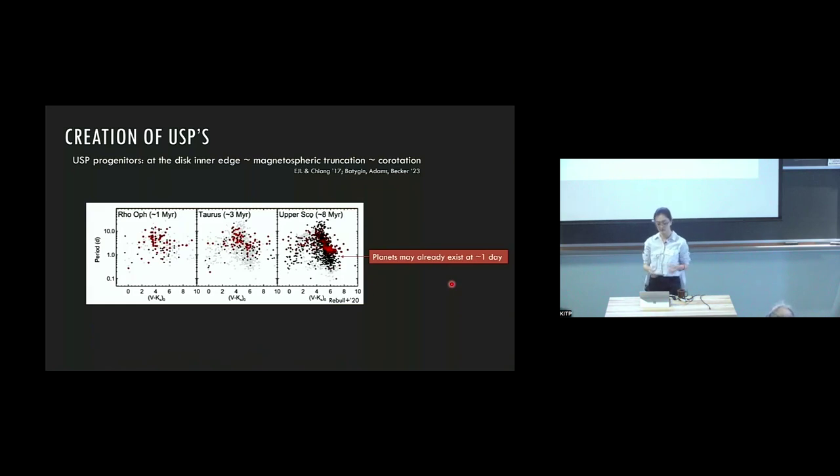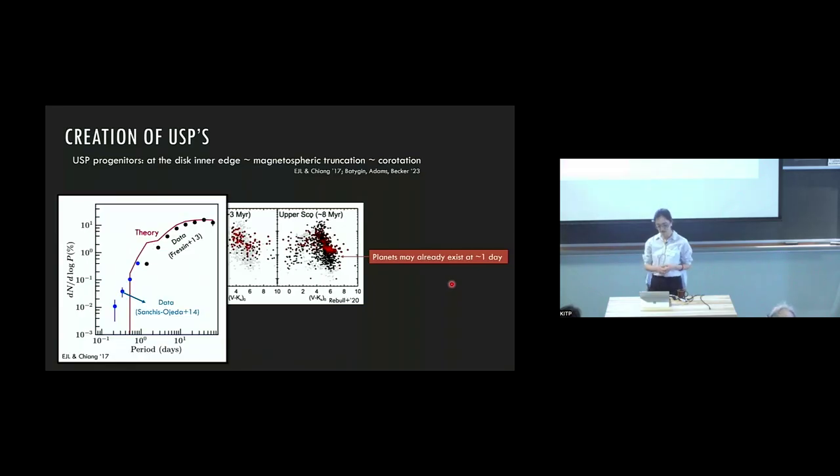Back in 2017, we did a very simple calculation where we distributed the planets according to their orbital dynamical stability, and distributed them all the way down to the inner edge of the gas disk, drawing from the measured spin periods of the young stars, and we have something that looks like this, which does agree quite well with the data. It doesn't go all the way in.